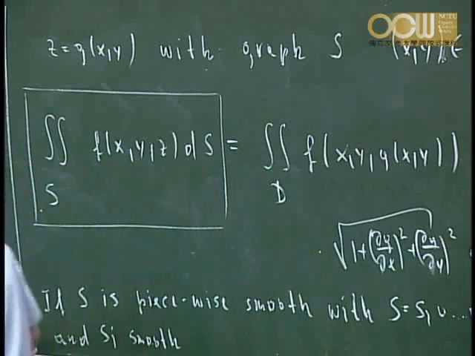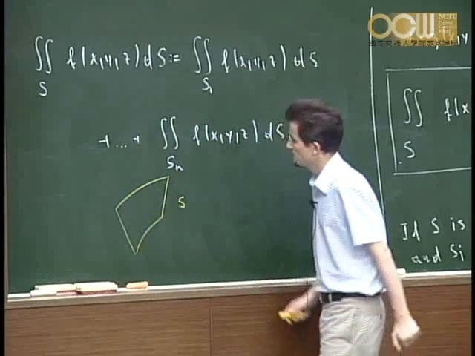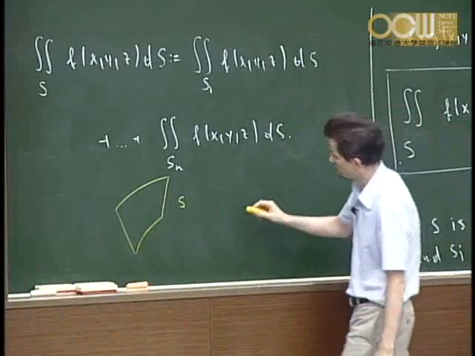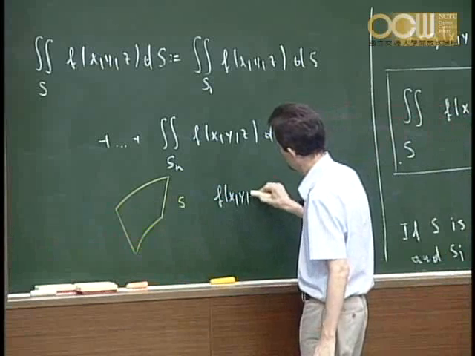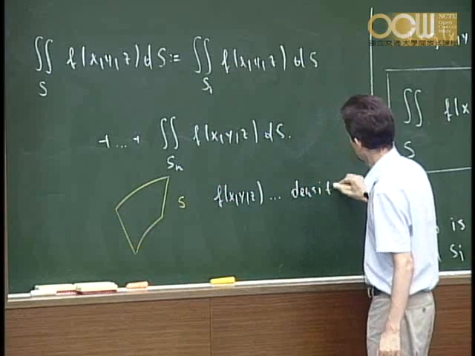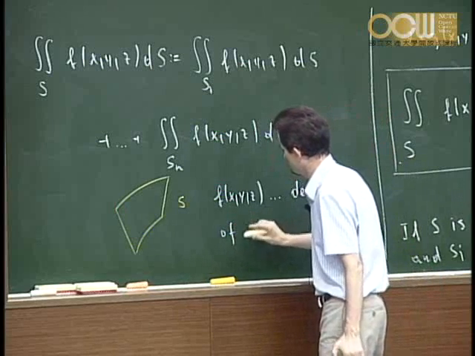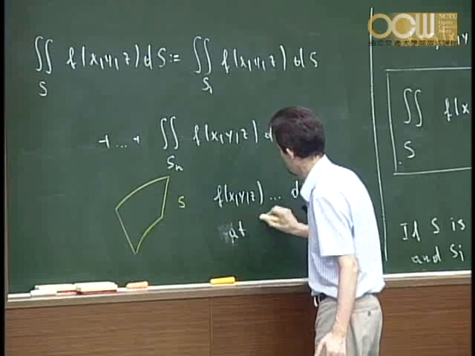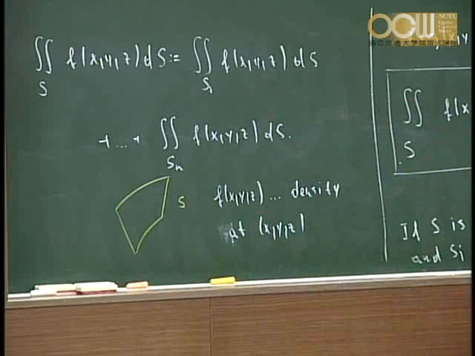Namely, for instance, if you are given a surface S and our function f of x, y, z gives you the density at x, y, z.